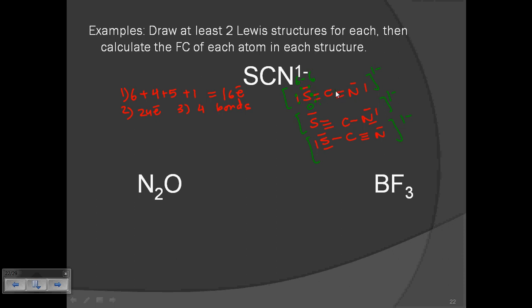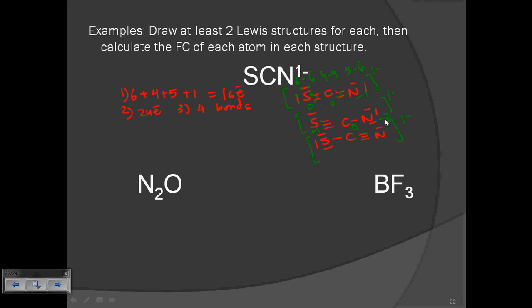Carbon is 4 minus, again half of the bonded, so 4 minus 4, 0, and nitrogen would be 5 minus 1, 2, 3, 4, 5, 6, -1. So 0, 0, and -1. Similarly here, the formal charge will be 6 minus 1, 2, 3, 4, 5, plus 1 on this sulfur. This is 0, and here this nitrogen is 5 minus 1, 2, 3, 4, 5, 6, 7, so -2.